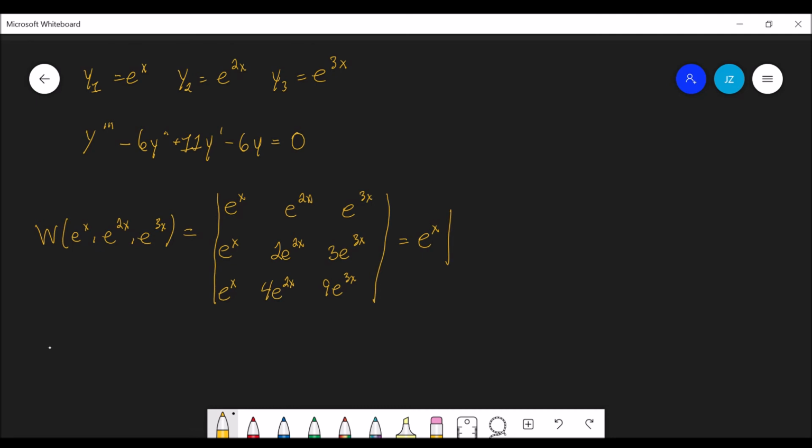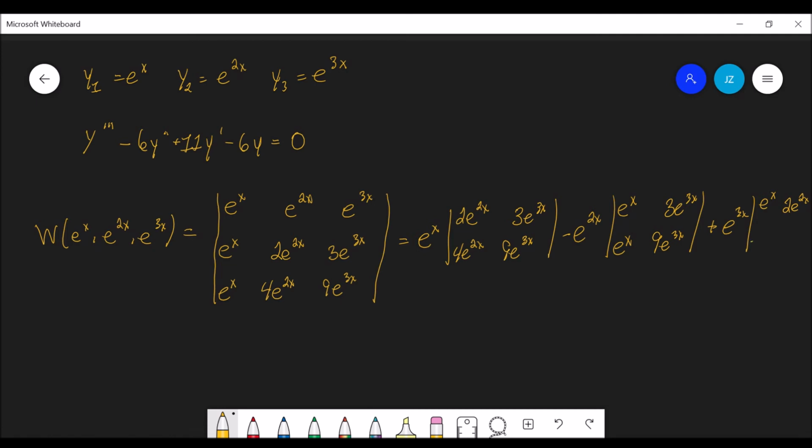So we get e to the x times the determinant of 2e to the 2x, 3e to the 3x, 4e to the 2x, 9e to the 3x, minus e to the 2x times the determinant of e to the x, 3e to the 3x, e to the x, 9e to the 3x, and finally e to the 3x times the determinant of e to the x, 2e to the 2x, e to the x, and 4e to the 2x.